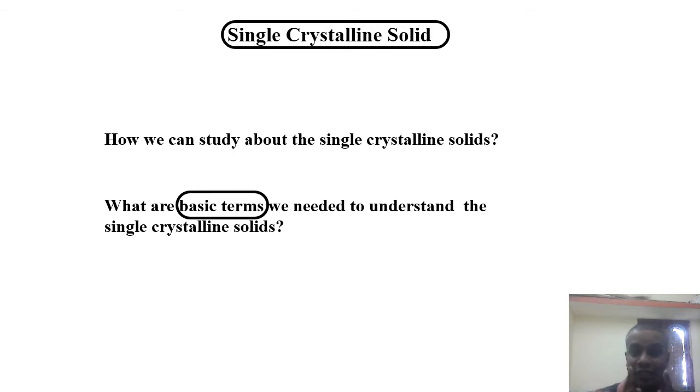In unit 5, the crystalline solid, we are now standing at the single crystalline solid, so we need to understand some basic terms for its formation. What are the terms that we are going to discuss in this part?